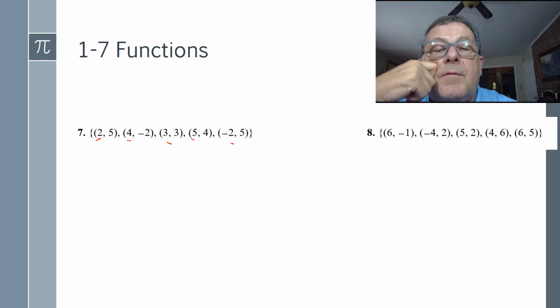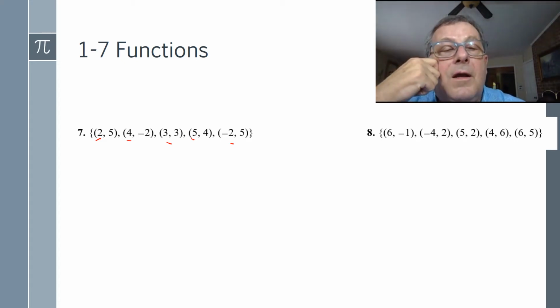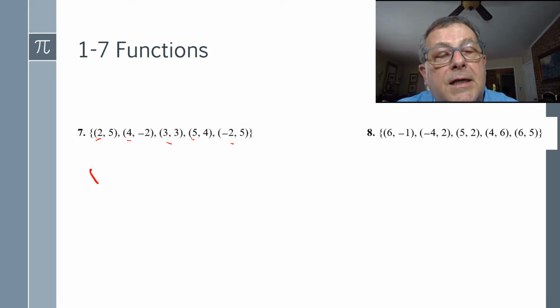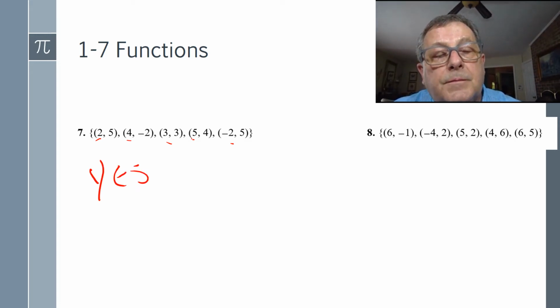Now remember, when I'm working inside my parentheses in an ordered pair, the number nearest the left-hand side of the parentheses we treat as an x value, and the number closest to the right side of the parentheses is a y value. And so I don't see any x's repeated in here. And this is a function.